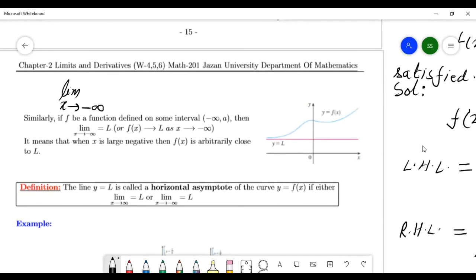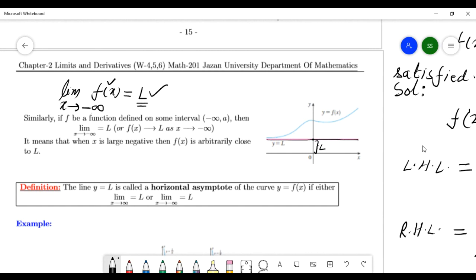It means that then f(x) goes to L. Again, this function f(x), that is y, the output is L, from here to here. Okay, so y is L, this line.